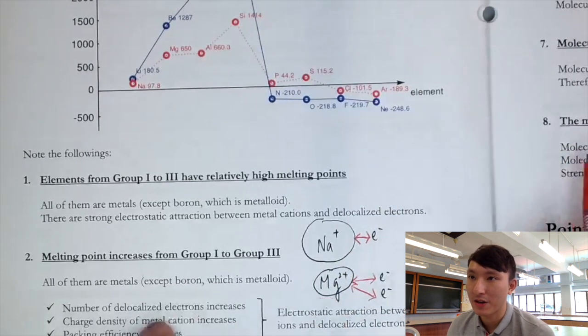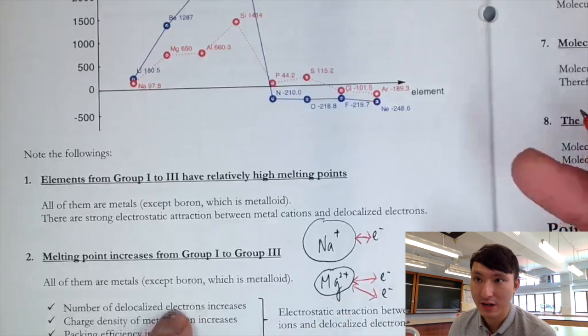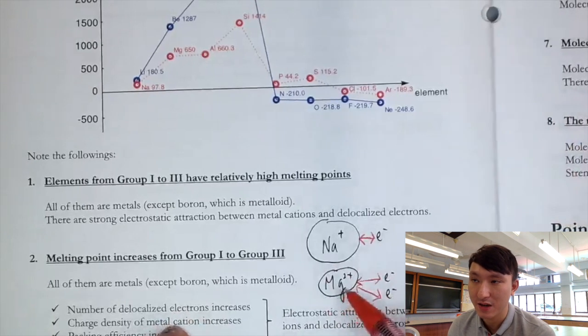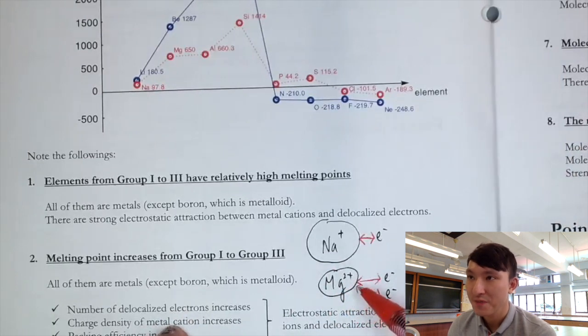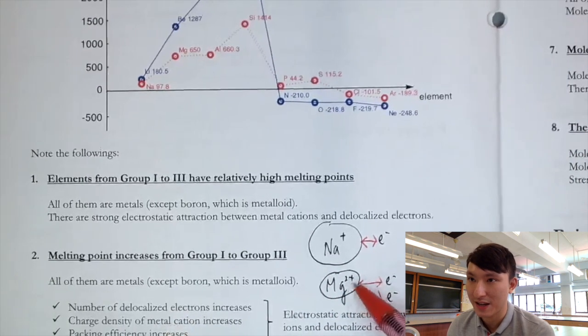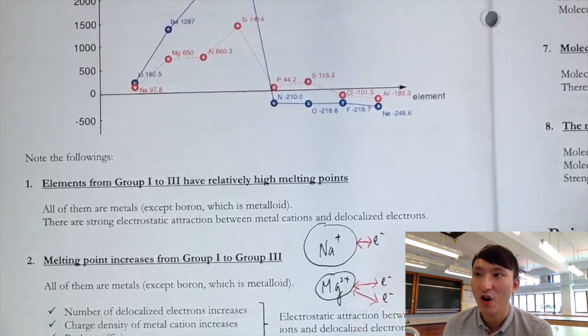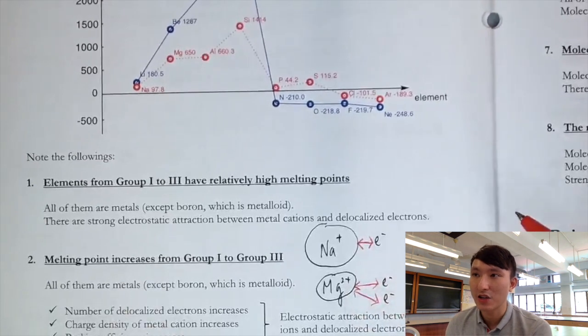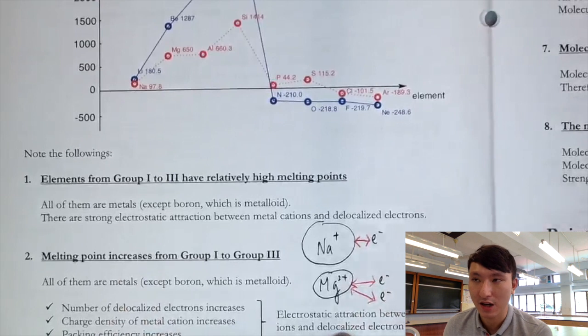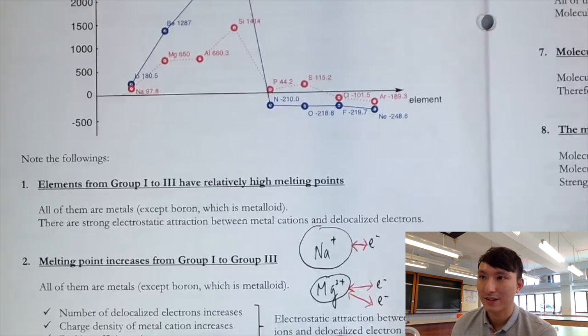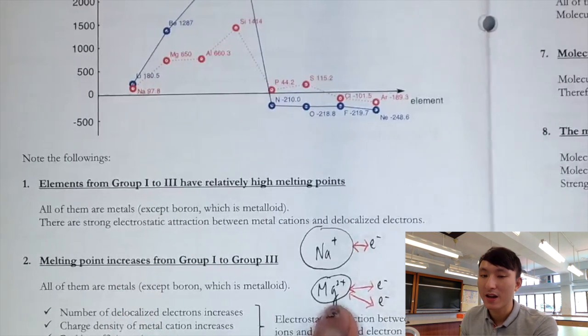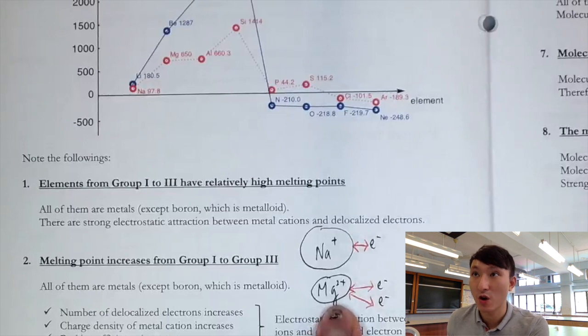Simply because magnesium has more delocalized electrons, a higher charge and a smaller volume, leading to a higher charge density. And because they have a smaller size, they can pack more efficiently. All these contribute to the stronger metallic bond. This is why magnesium has a stronger metallic bond and a higher melting point when compared to sodium.